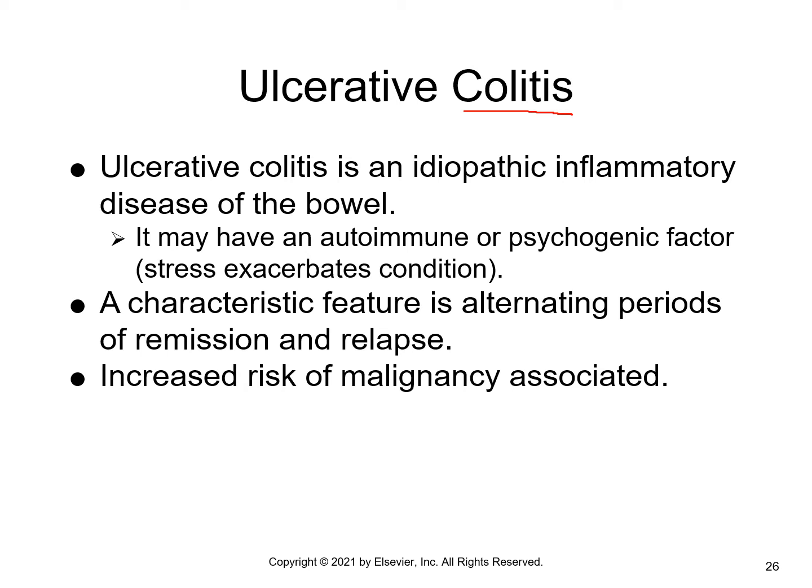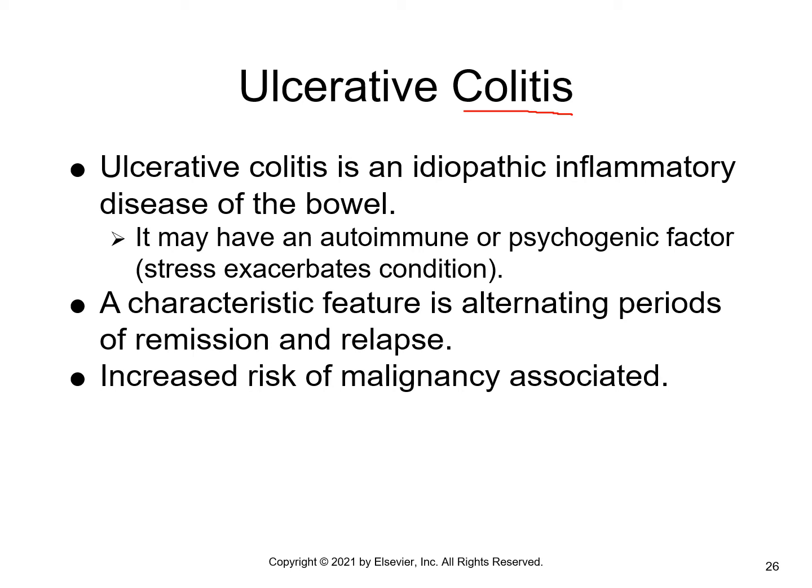So it's really important for these patients with ulcerative colitis to try and contain their stress, or learn ways to deal with stress in a healthy manner to help prevent some of these autoimmune reactions. Now, a characteristic feature of this is alternating periods of remission and relapse.